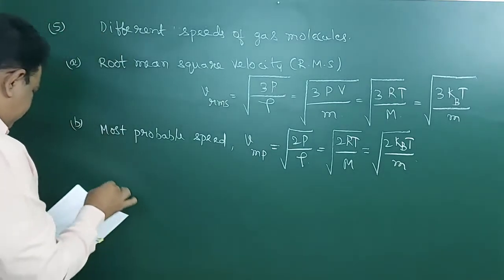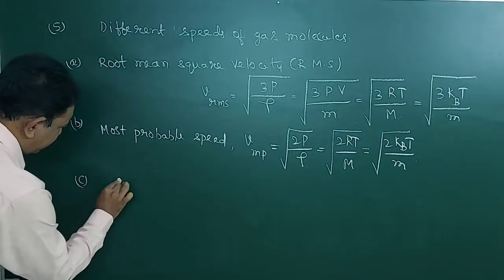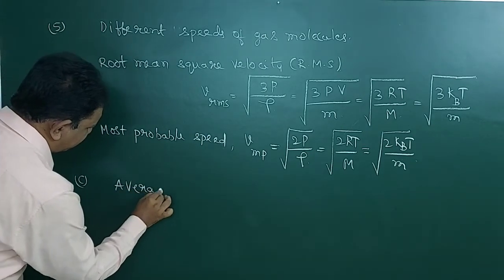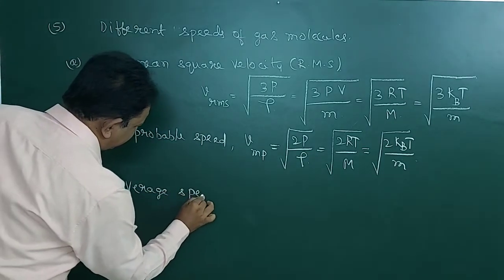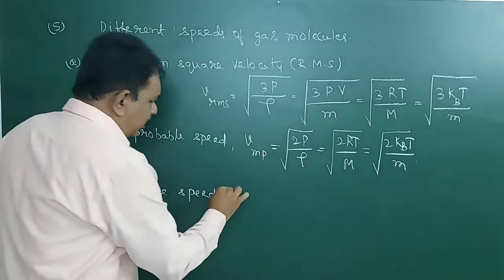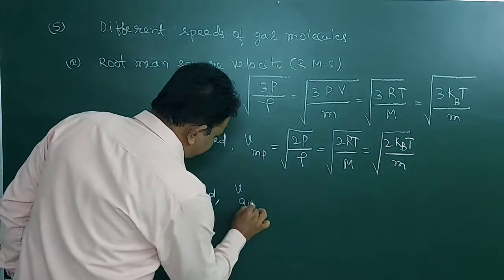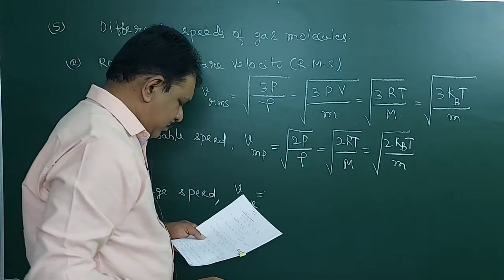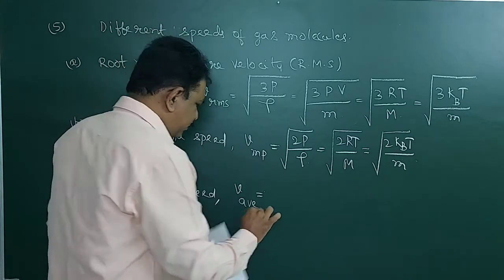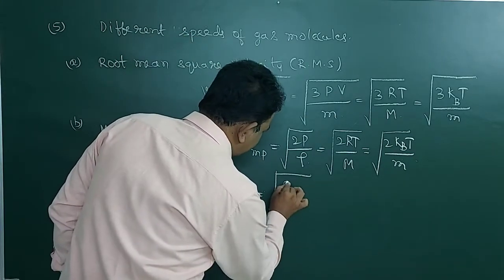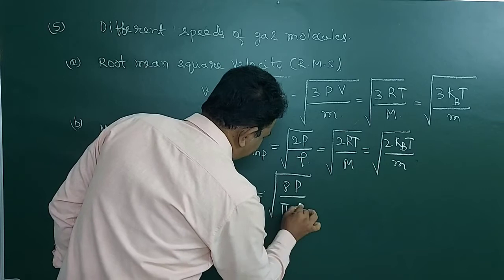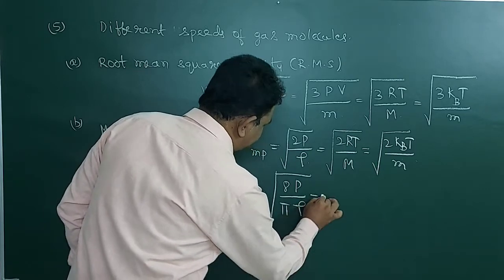Next, average speed. V average is equal to square root of 8p by pi rho.